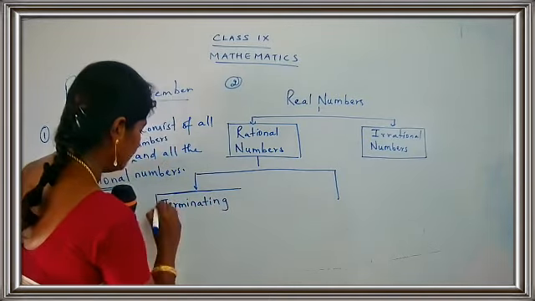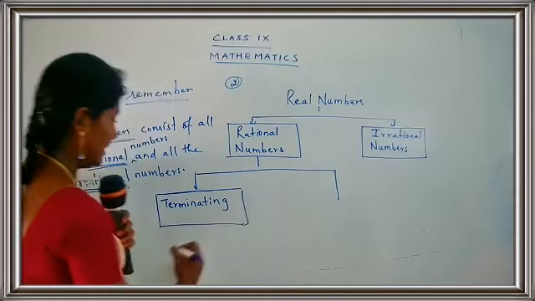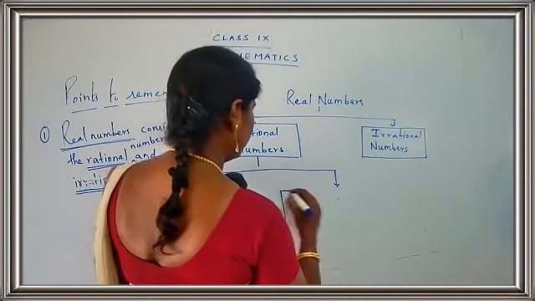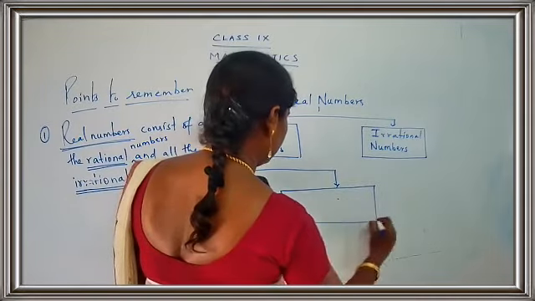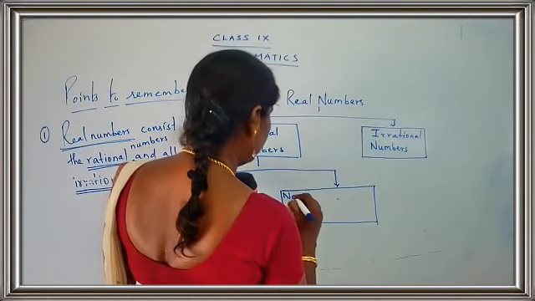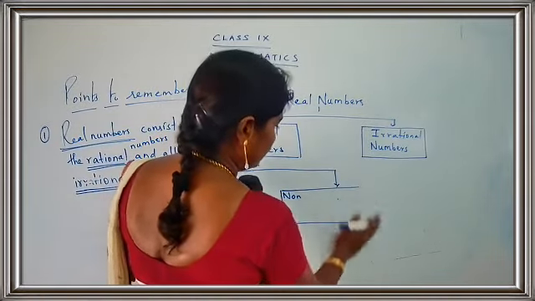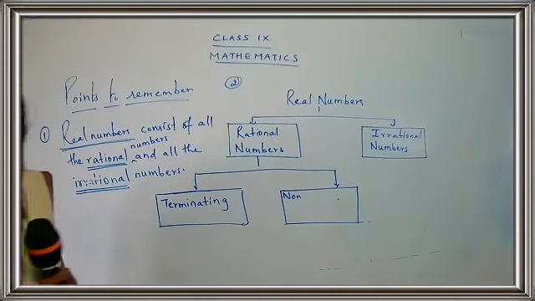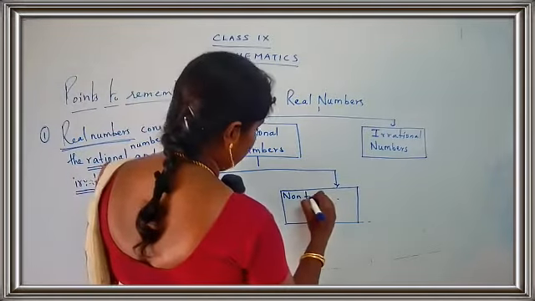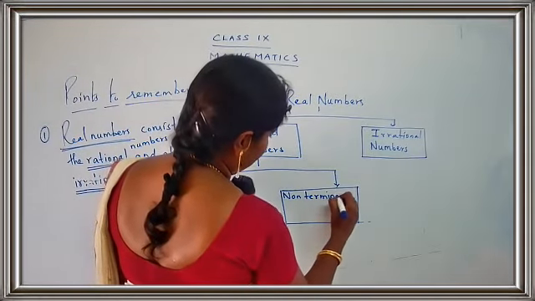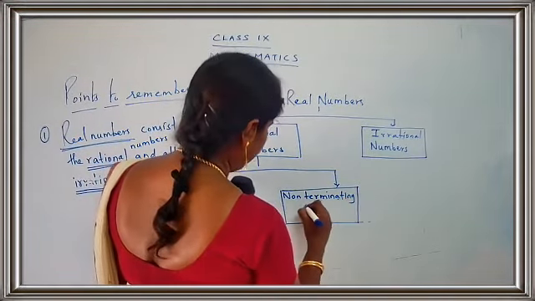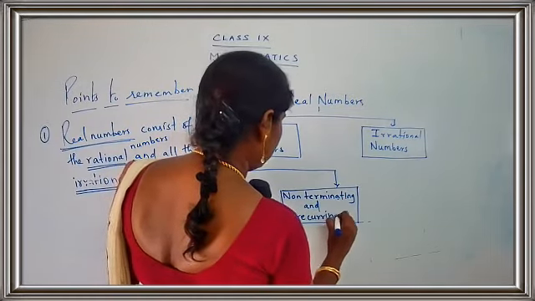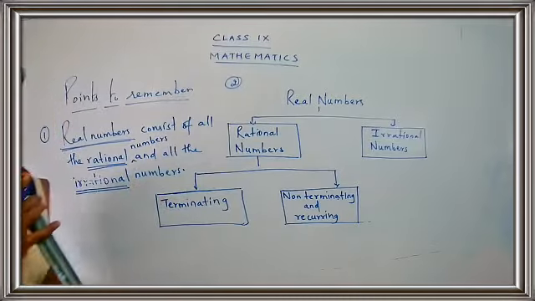This is 1, and here it's non-terminating and recurring.